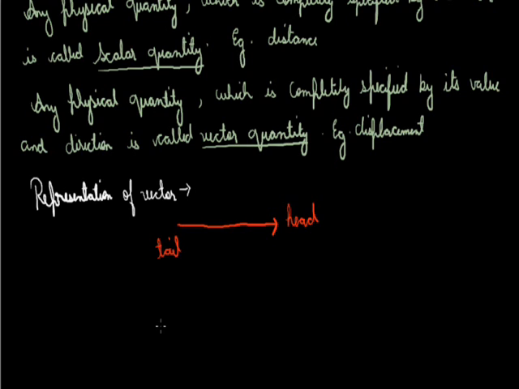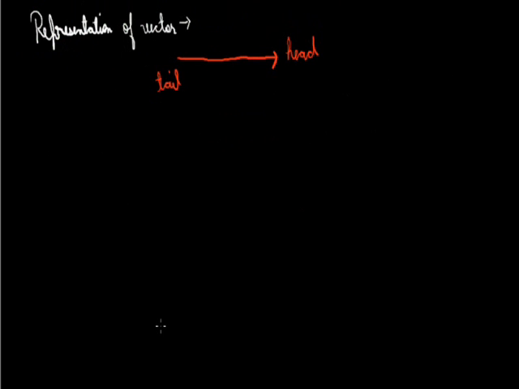Next point of difference is that scalar quantities can be added or subtracted by the simple mathematics that we know, but for the addition and subtraction of vector quantities, there exists vector algebra. Means vector quantities do not follow ordinary algebra. They have their own specialized vector algebra. So these were the two points of difference between them.